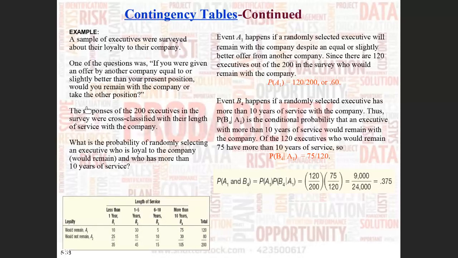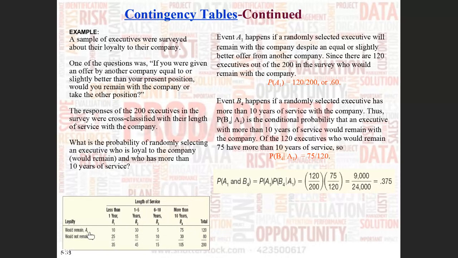Okay, if we look at this, this is the table. This is what's called a crosstabs table. The title is length of service. Here are the columns: less than 1 year, 1 to 5 years, 6 to 10 years, and more than 10 years working for the company.